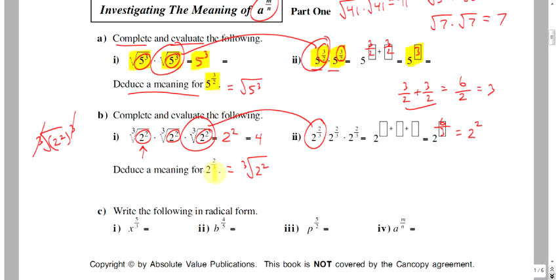Look at this little 3 here. Do you see where there's a 3 in the radical? Isn't that the index? Look at this little 2 on top. Do you see where that is in this whole radical? That's like the exponent on 2, isn't it?